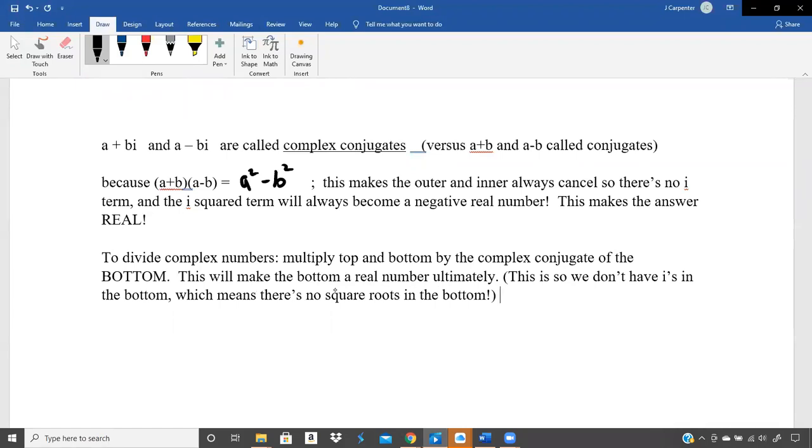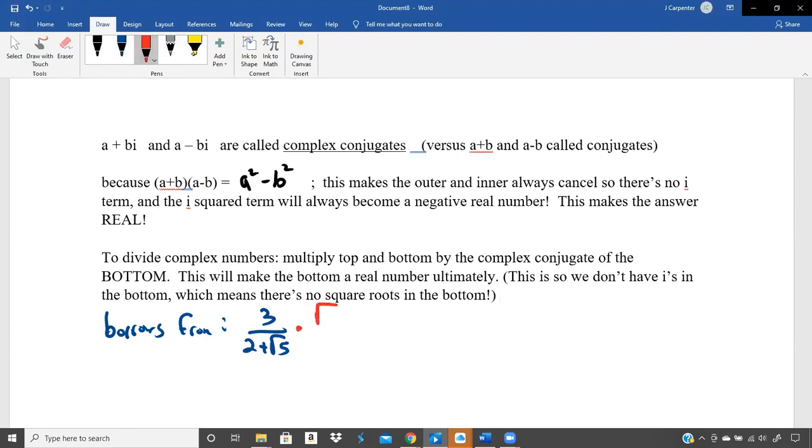So this dividing of complex numbers means multiply top and bottom by the complex conjugate of the bottom. This is the exact same thing you do with square root problems. And those topics were in your prereq material, your review material. So we're borrowing from the idea of doing something like this. 3 over 2 plus the square root of 5. If you had this and you were told to simplify, you can't divide by the bottom that way.